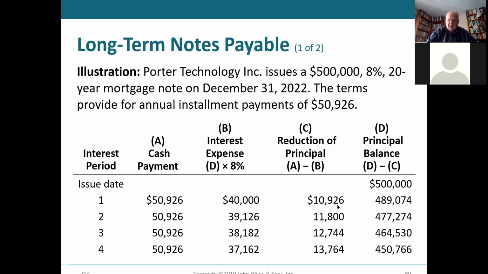This person bought a house, okay? And the house cost them $500,000. And they're going to have to make a cash payment every year for $50,000. $40,000 is interest. The rest is the reduction of principal. Just a mortgage. That's all. 500,000 times 8% is 40,000, and the annual payments are 50,926.